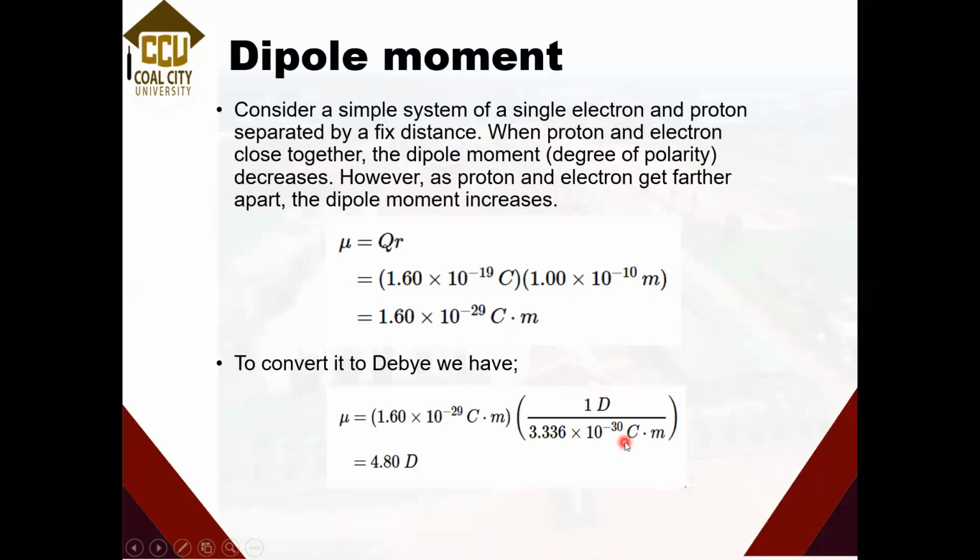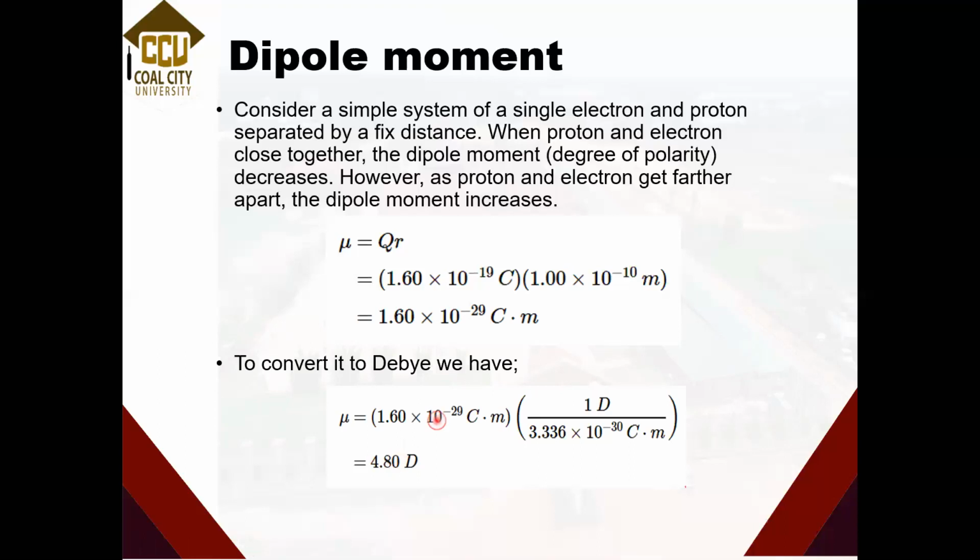In order to convert coulomb meters to debye, all I need to do is divide by that value, 3.336 times 10 raised to the power minus 30. If I divide, I'll get 4.80 debye. This is a very important figure. We are going to use it to derive other debye values for other distances of protons and electrons.